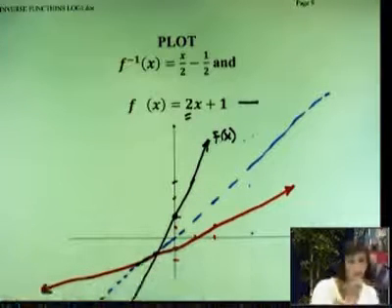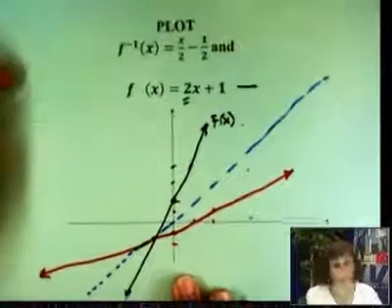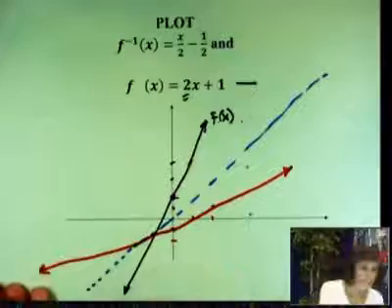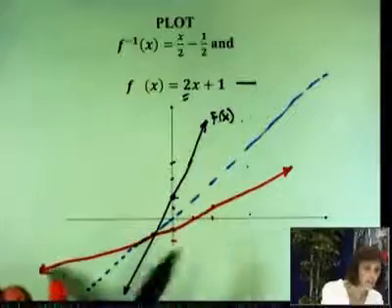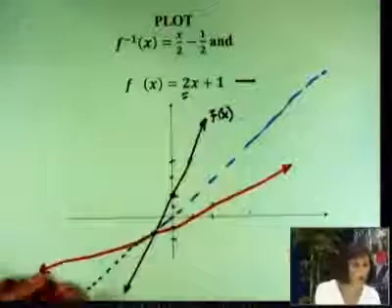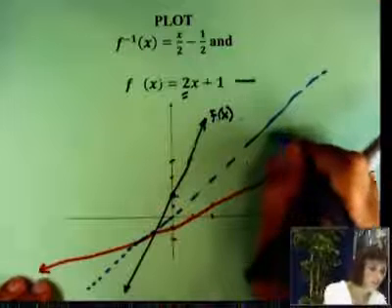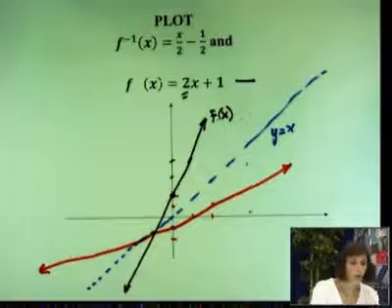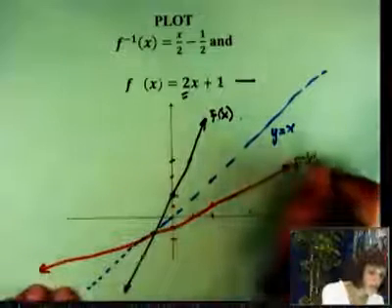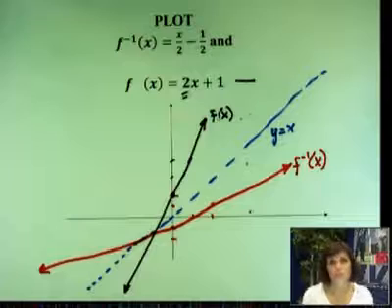Do you see it? I should have used the ruler. But look at it. Here's my original. Here's my inverse. And they're mirror images along y equals x. So you can always check it graphically, and the inverses will always behave that way.